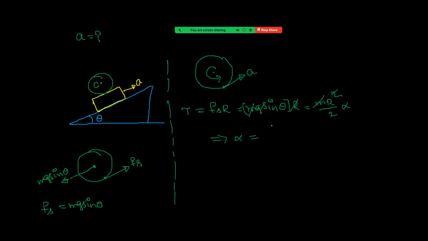Alpha equals 2g sin theta upon R. That is now alpha. For the contact point, the acceleration is only because of rotation. Therefore, A must be equal to R into alpha. So R alpha is equal to 2g sin theta.